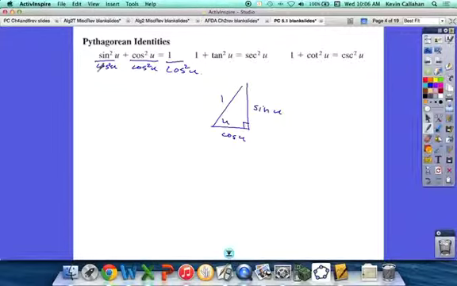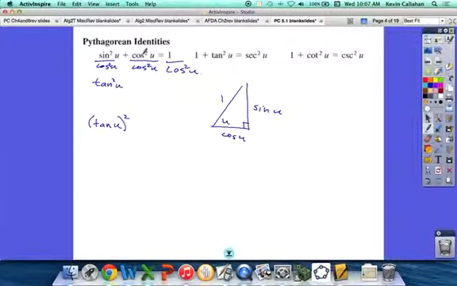What is sine over cosine? Please, you just copied it down. What is sine over cosine? Tangent, right? So sine squared over cosine squared is tangent squared. And notice when you're squaring, you put the 2 in between the tan and the u, or in between the sine and u. That really means tan u squared, but the notation is you put it right in between.